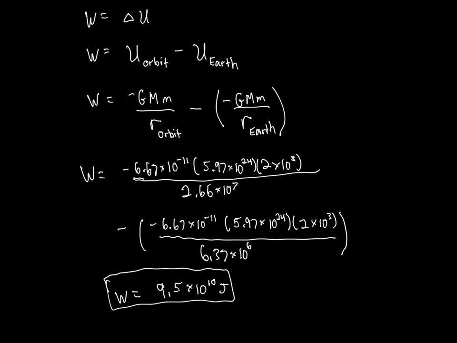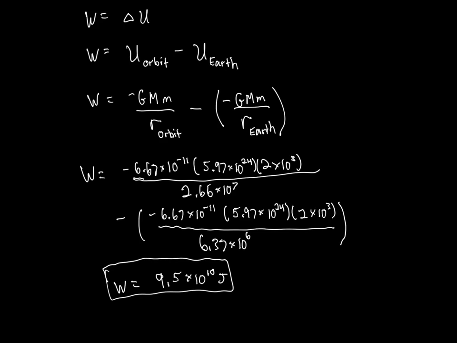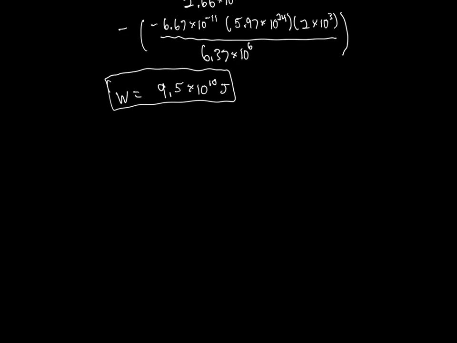You could do it with work equals force times change in position, but you have to plug in the right force equation and the right change in position equations. The right force here is the force due to gravity, but it's not on the surface of the Earth, so you can't just use F equals mg.